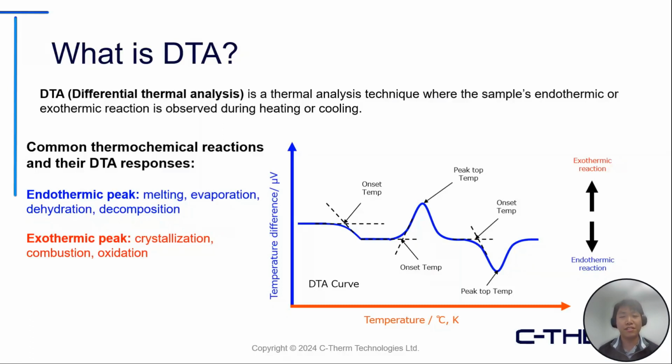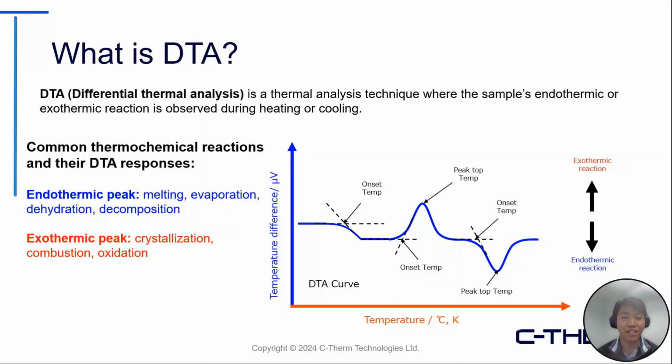This change in temperature of the sample, whether it's endothermic or exothermic, is plotted against temperature in a DTA curve. And from that curve, we can infer that an endothermic or exothermic reaction occurred at that temperature.